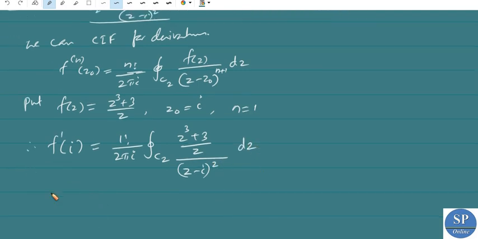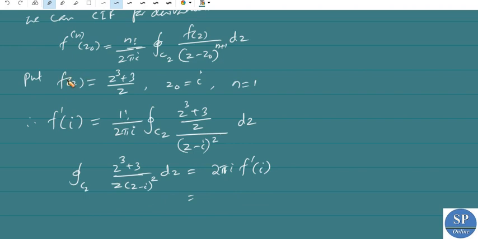From this we have integral over C2 of (z cube plus 3) divided by z into (z minus i) whole square, dz is nothing but 2 pi i into 1 factorial, that is 1, into f dash of i. So to apply this we have to find f dash of z.